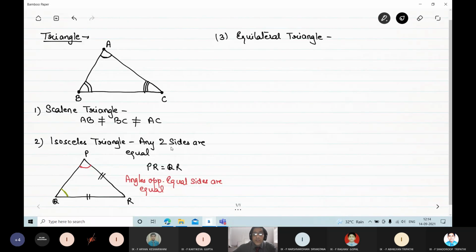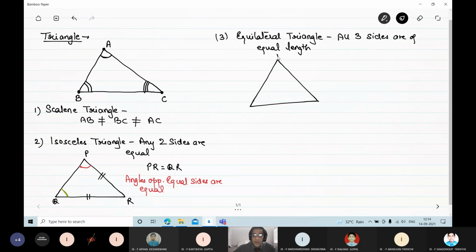In an equilateral triangle, all 3 sides are of equal length. A triangle would be something of this type, let's say this is D, E, F. We always label the vertices of a triangle.